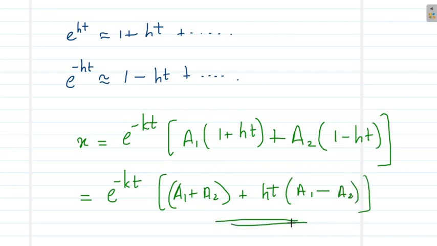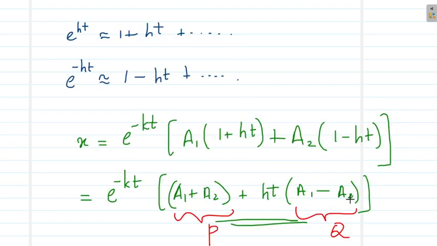So, this is the value of x, and let me call this term a1 plus a2, which is a constant, as p, and a1 minus a2, which is another constant, as q. So, we can rewrite x is equal to e raised to minus kt into p plus q into t.